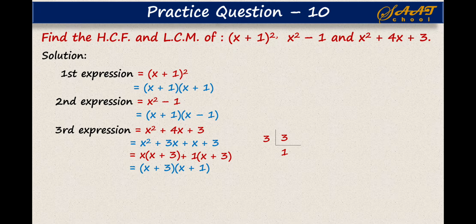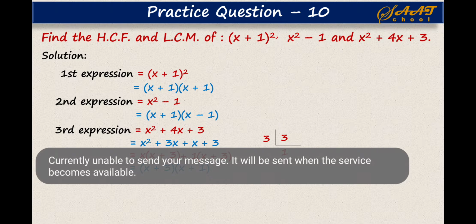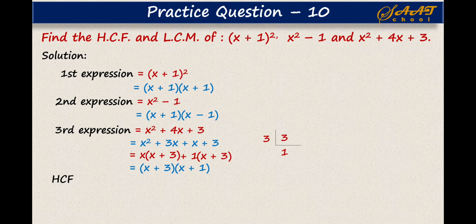To find out HCF, we have to look at the common factor. In this case, we have x plus 1 common in all those expressions. So here HCF is equal to x plus 1. Now the remaining factor from the first expression is x plus 1.